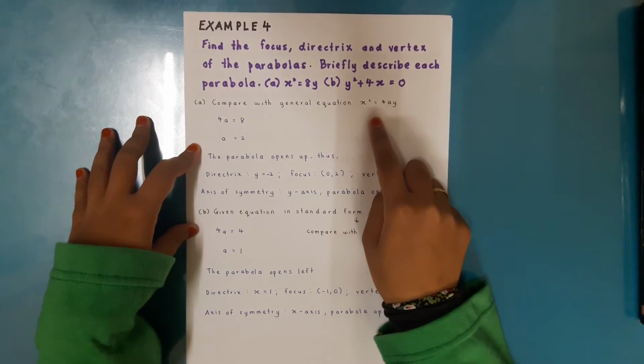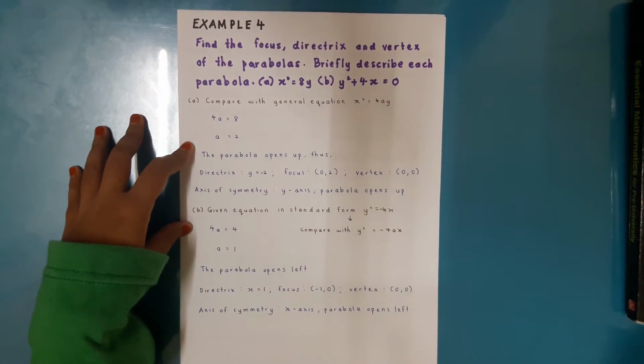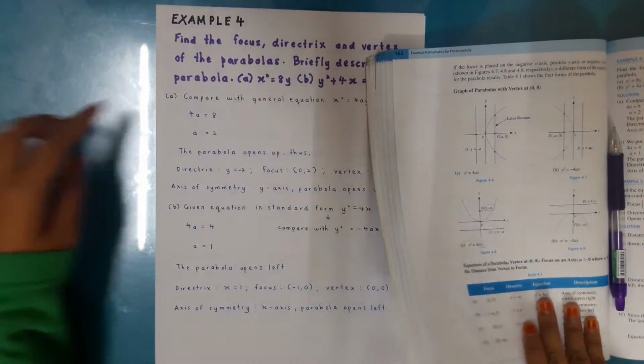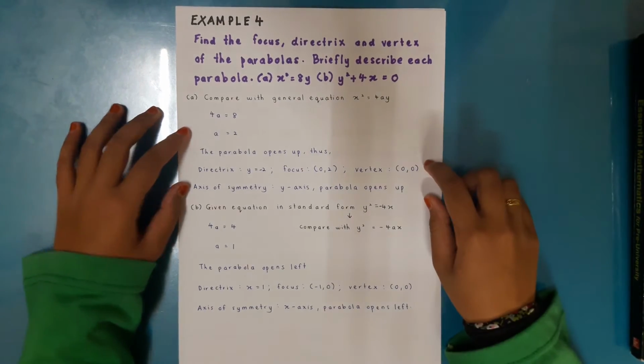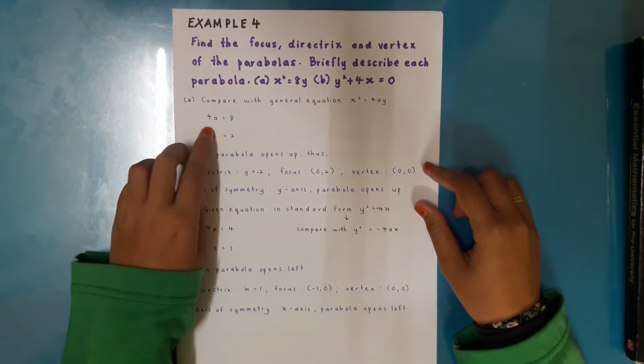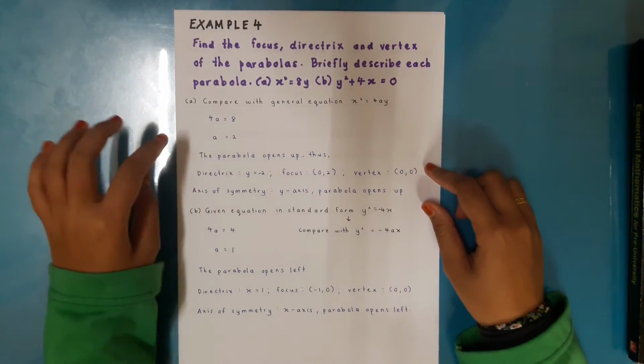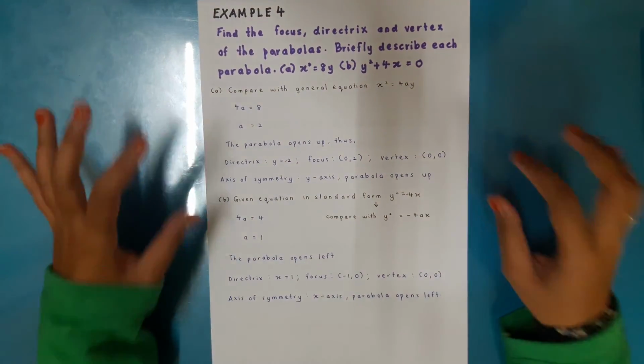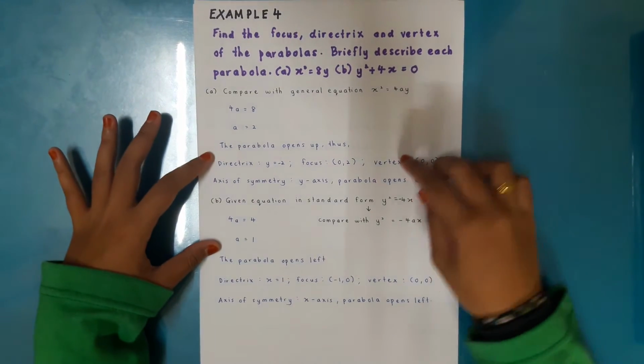You can refer to this in the table in the textbook on page 162. So we get that 4a equals 8, so a equals 2.